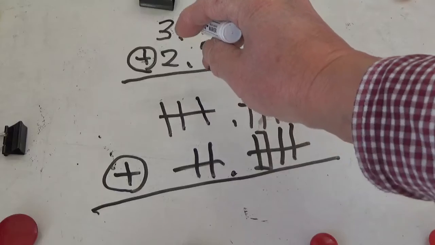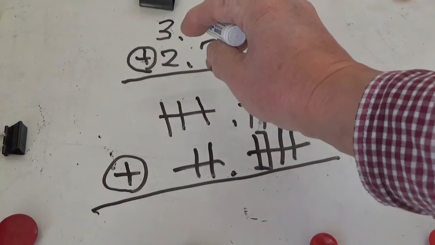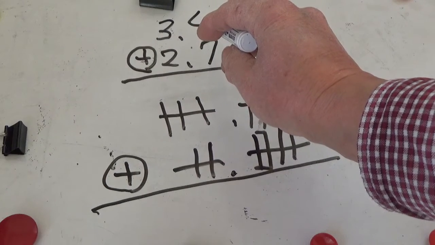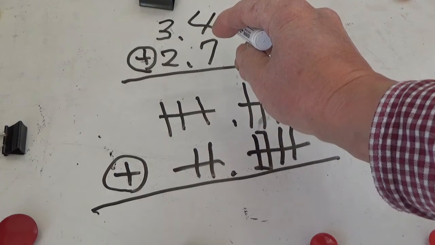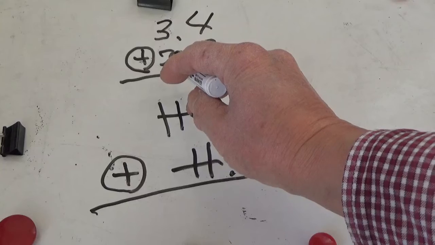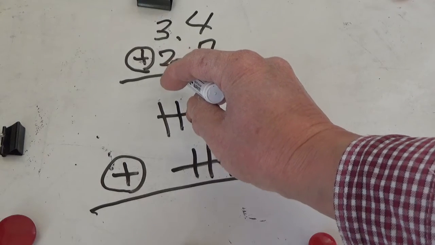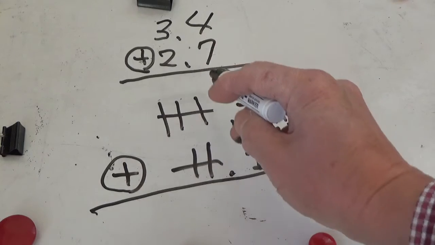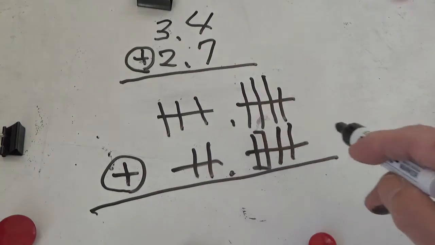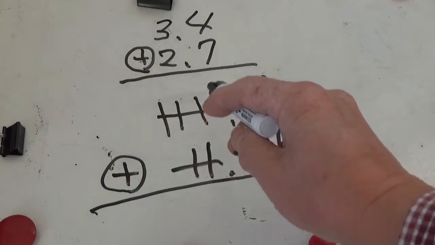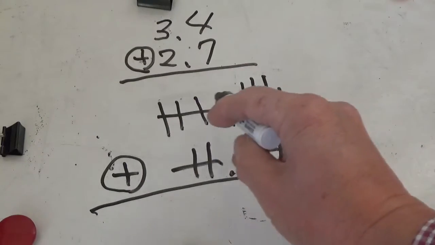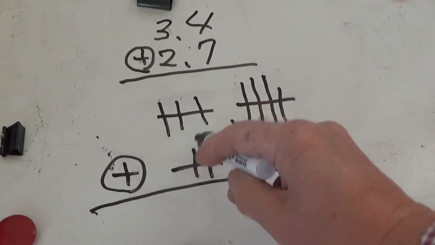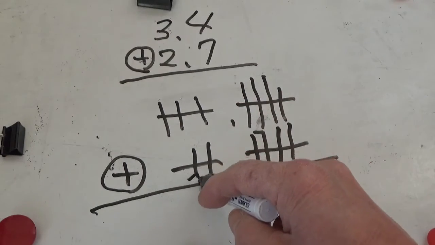First addition, 3.4, that is 3 and 4 tenths, plus 2 and 7 tenths. So this is written by lines, and these are joined.